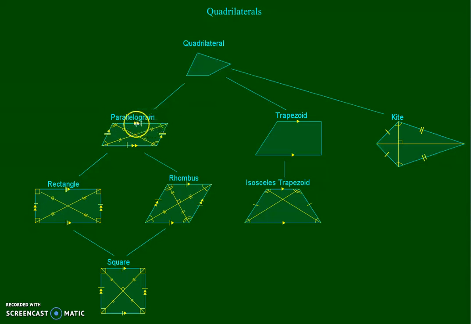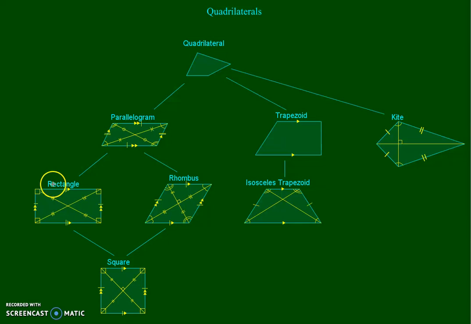A parallelogram is a quadrilateral with 2 pairs of opposite parallel sides. And the properties of parallelograms is both pairs of opposite sides are congruent, both pairs of opposite angles are congruent, and the diagonals bisect each other.